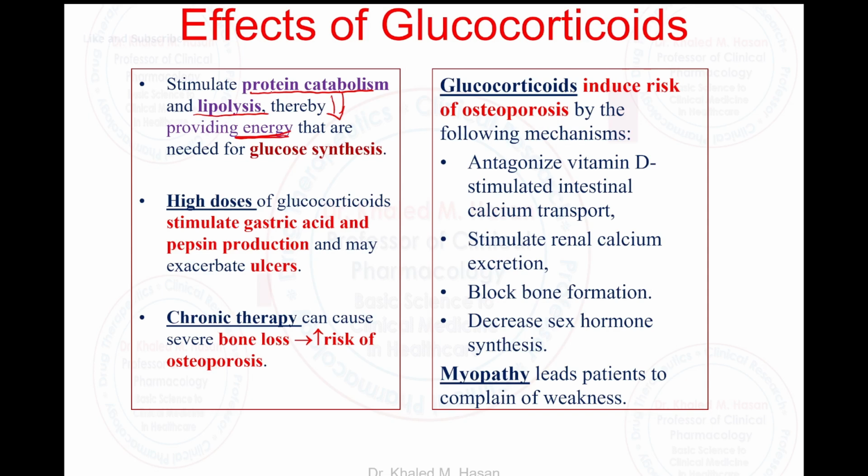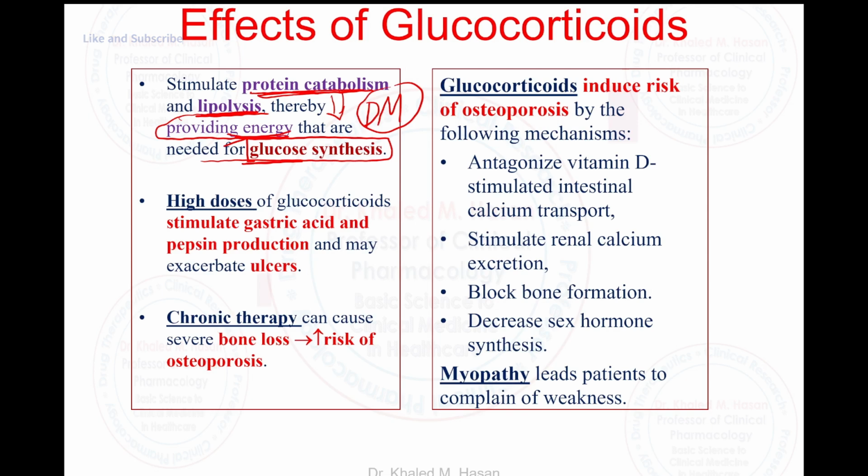They break down protein to amino acids and catabolize lipid to produce fatty acids. Amino acids and fatty acids provide our body with energy, and this leads to enhanced synthesis of glucose. This explains what happens when you prescribe cortisone to your patient: the patient may suffer from diabetes due to the increased level of glucose in the blood.